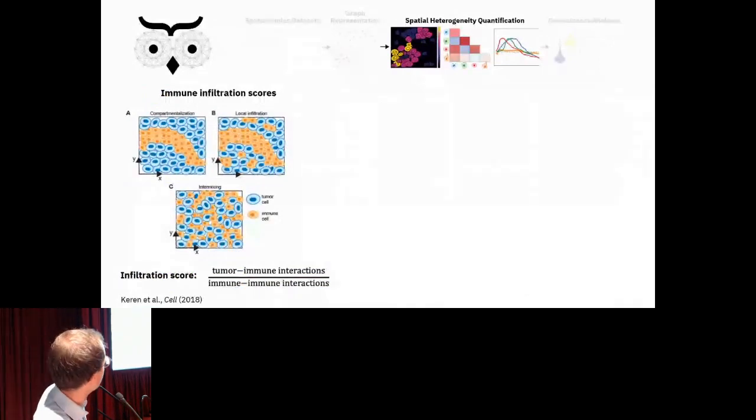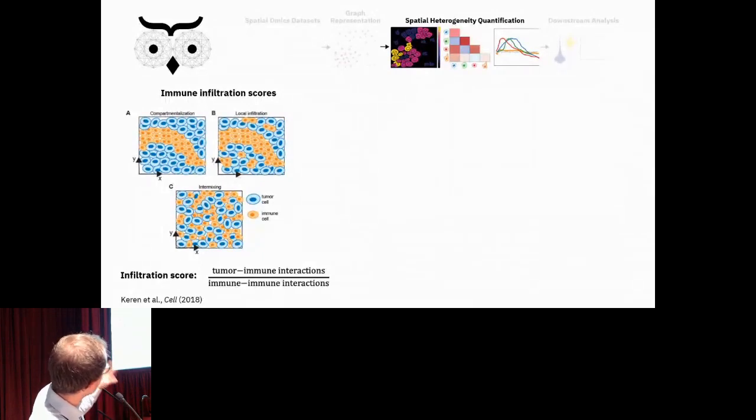Good. Another interesting aspect when you look at tumor samples spatially is the immune infiltration score, the degree to which the tumor is infiltrated by immune cells. An earlier publication by Karen in 2018 defined the so-called infiltration score, which is a ratio between the number of immune and tumor cell interactions, and this number is then normalized by the number of immune cell interactions.